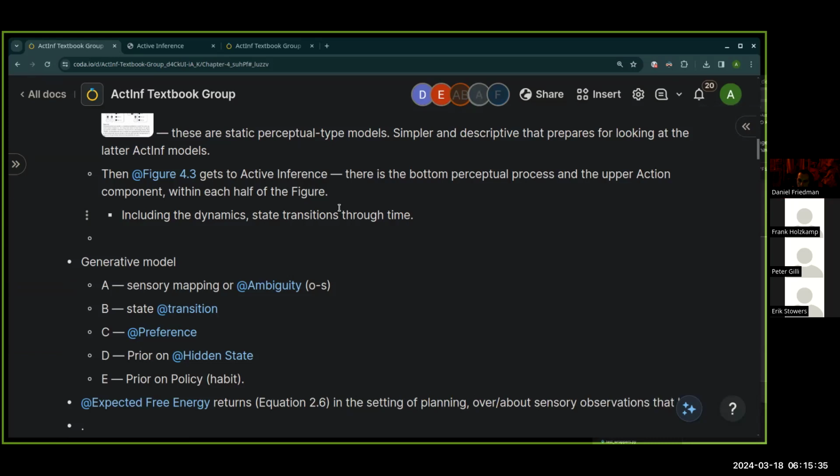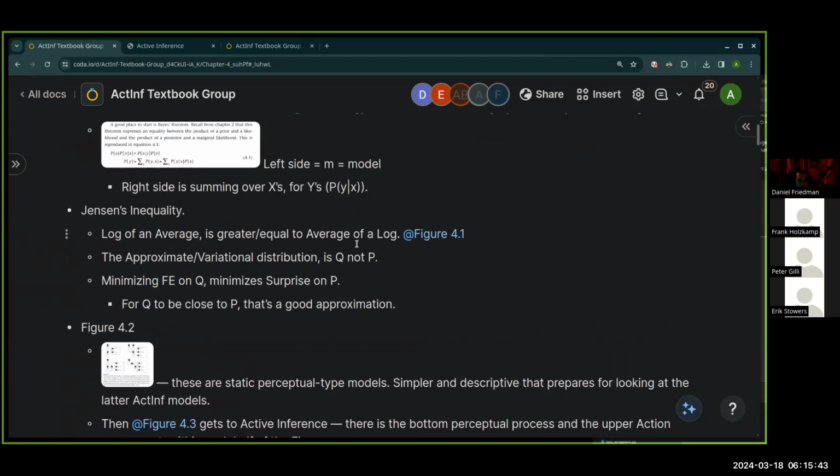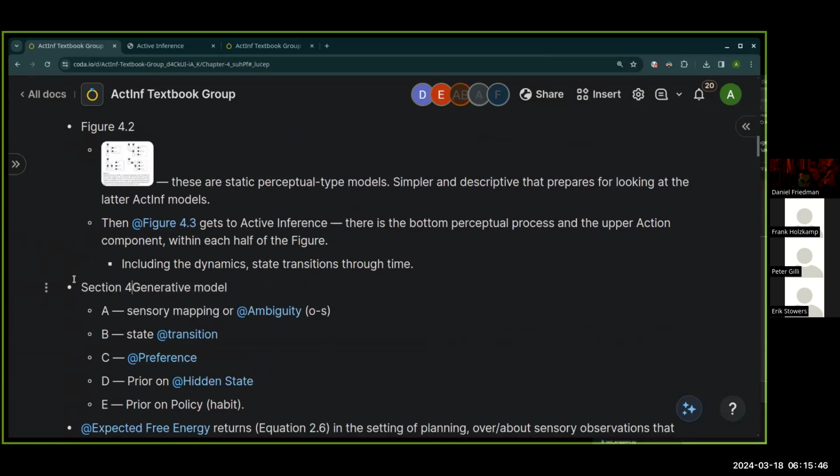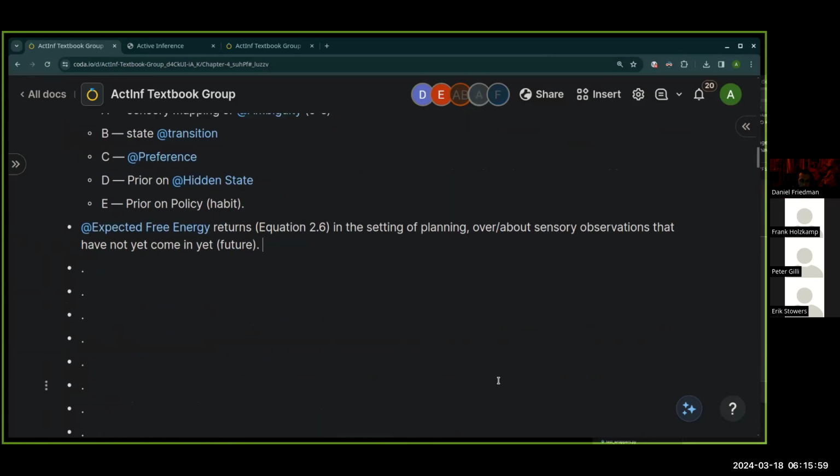So G plays in that the agent actually wants to plan ahead of time. What should it do? So the C vector of preferences plays into that. You can look at the way that the agent chooses different actions or policies to take as it's actually computing expected free energy for each policy. And then it scores the policies. Should I do policy number 1, policy number 2, policy number 3?